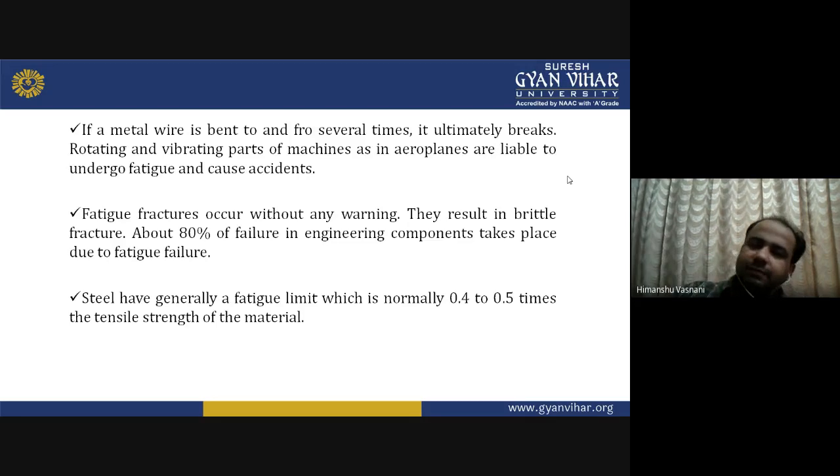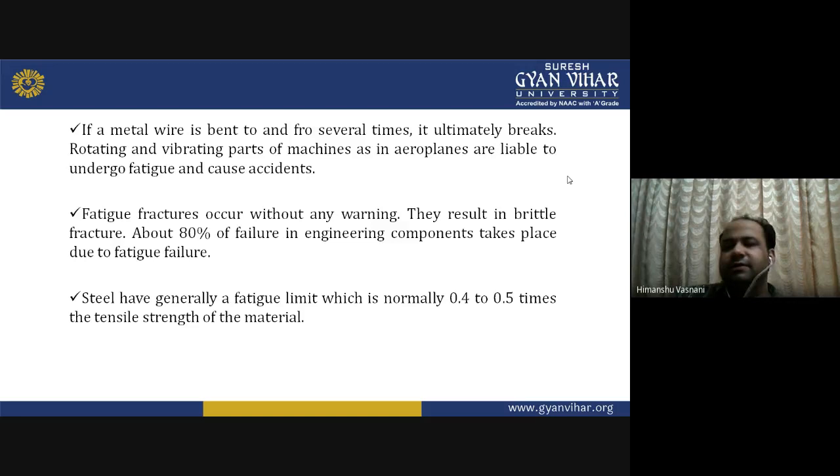The four examples discussed in the previous slide are given for that purpose, that they are liable to undergo some kind of fatigue and accidents might happen. So we need to take care of it.